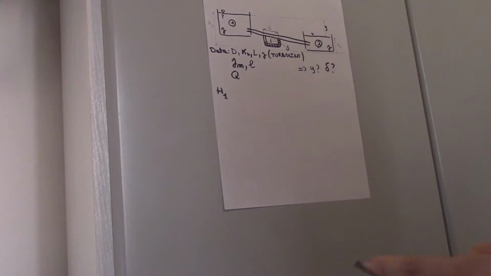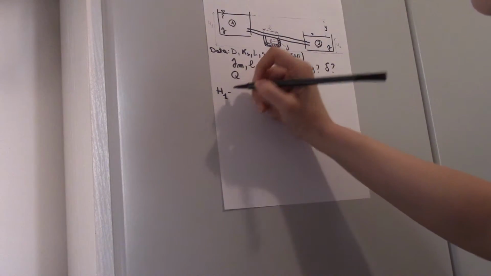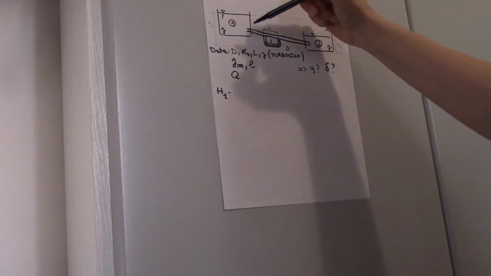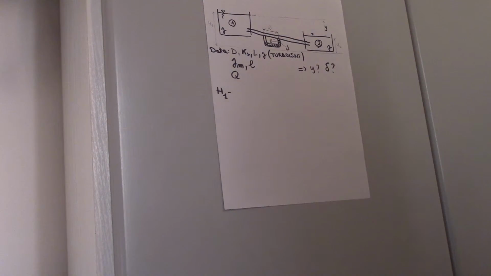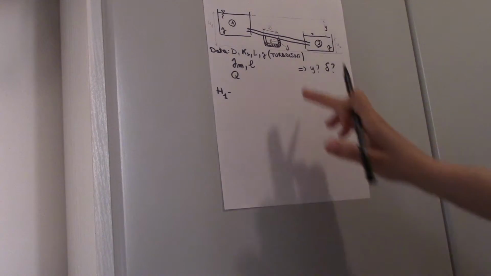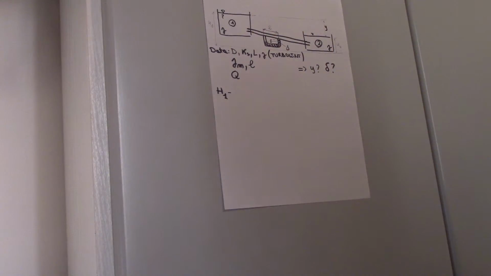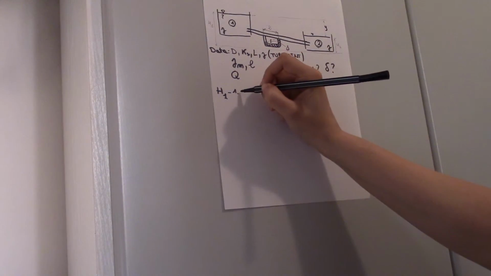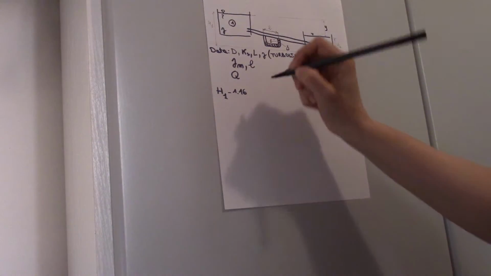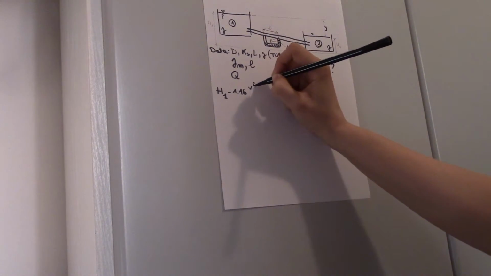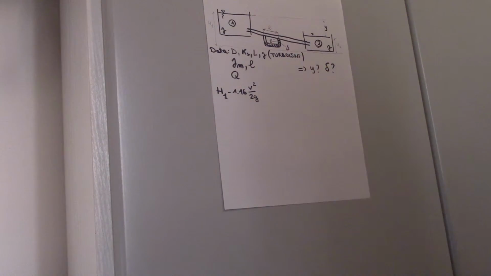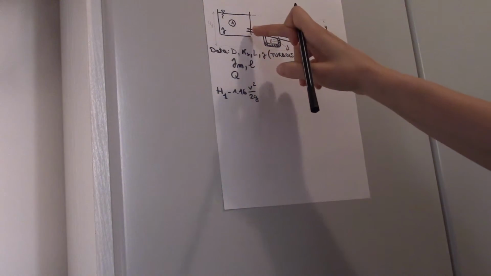H1 minus, the flow is entering inside your pipe, so right here you will have a concentrated loss, which is given by the presence of the additional inner tube, and it's equal to 1.16 V to the power of 2 over 2G. So you are entering right here.